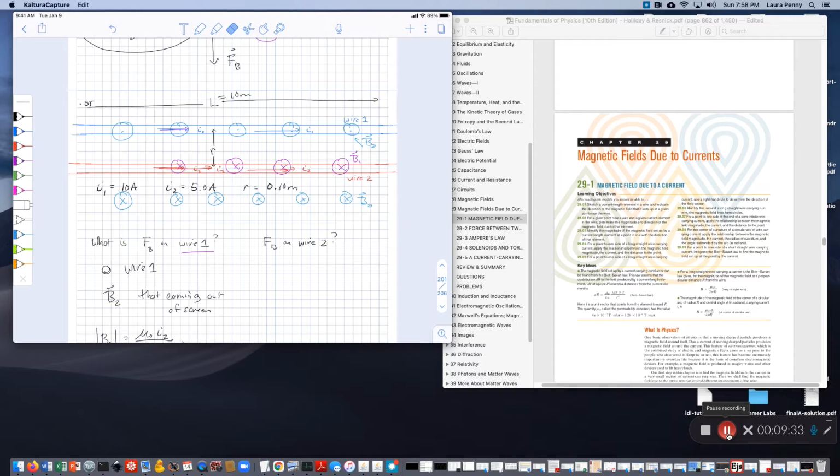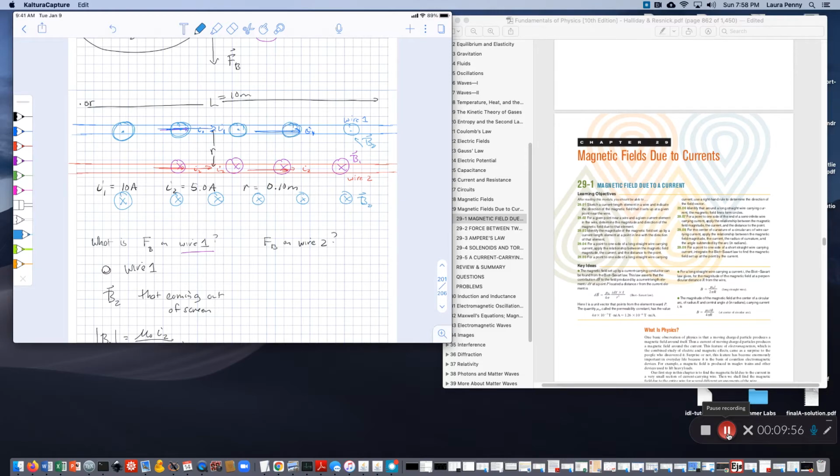So if we look at the current for wire 1, the current for wire 1 is moving this way. And then the magnetic field that it's being exposed to is moving out of the board.